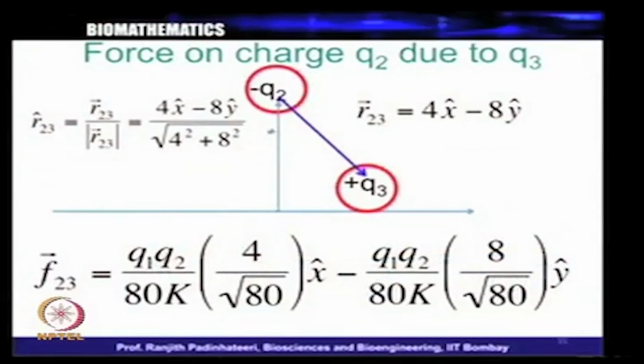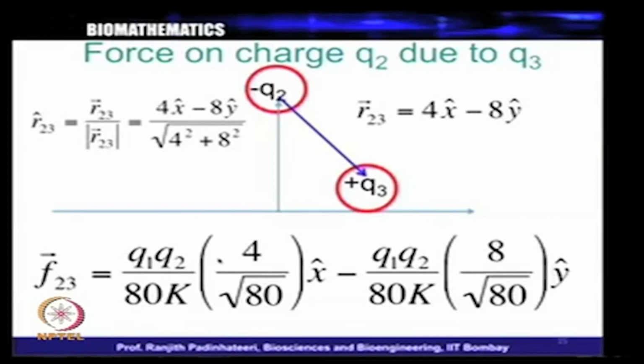So, have a look at here. Essentially F23 is some magnitude into 4 by root 80 x. This is the unit vector R23 if you substitute, and just like we did in the case of F12, we substitute here and we get k q2 q3 by 80 into 8 by root 80 y.